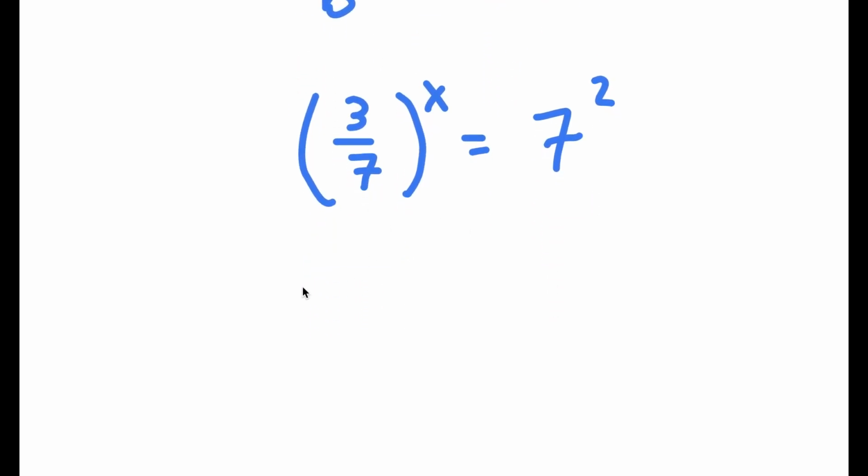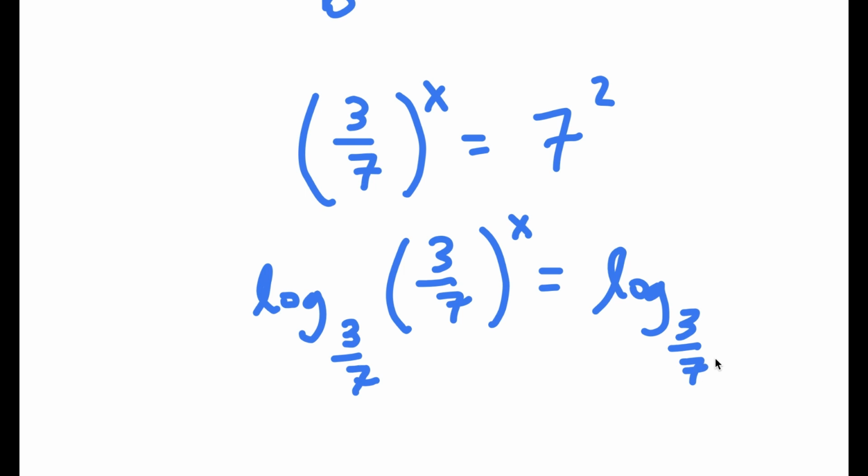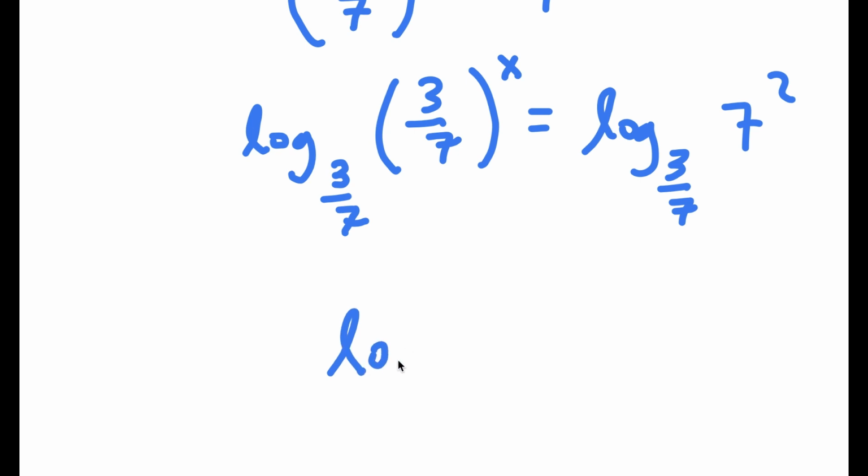Now, I'm going to take the log of base 3 over 7 on both sides. So now I have log base 3 over 7 of 3 over 7 to the power of x is equal to log base 3 over 7 of 7 squared. Now, if I have something in the form log a to the power of b, I can simply move this exponent b to the front.